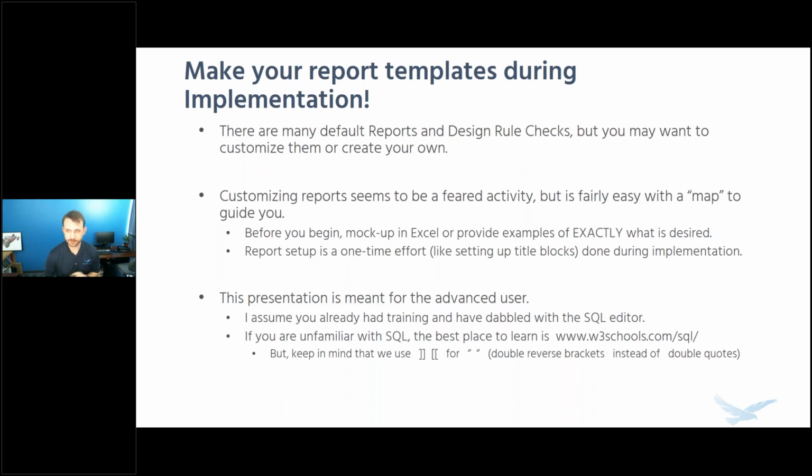And one thing to think about is that reports are a one-time thing, just like title blocks and manufacturer's parts. You do it once, you save it to the shared locations, which is where the application settings put it by default, and it's there. Everyone else can use it. You set it up once and you go forward. The only time you may need to adjust a report slightly is if you're changing your drawing template size or title block size, going from a B to a C or a C to a D size drawing.